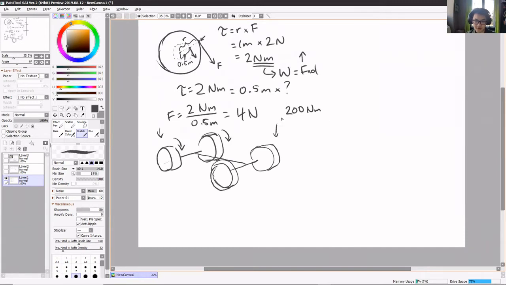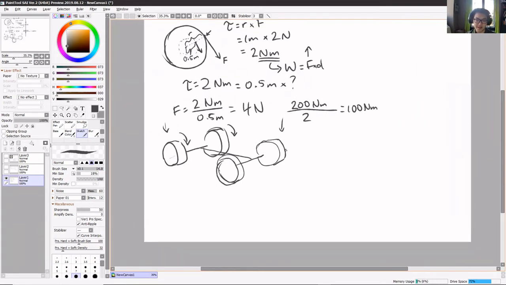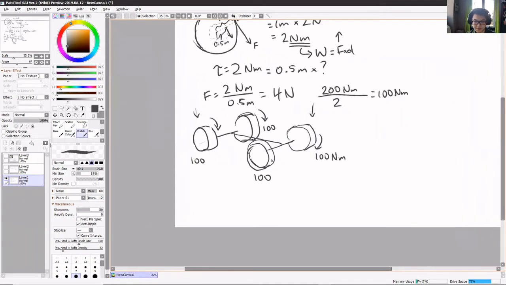That means each half of the car will be getting 100 Newton meters of torque. And that torque will be the same here, 100 on this wheel, 100 on this wheel, and 100 on this wheel.